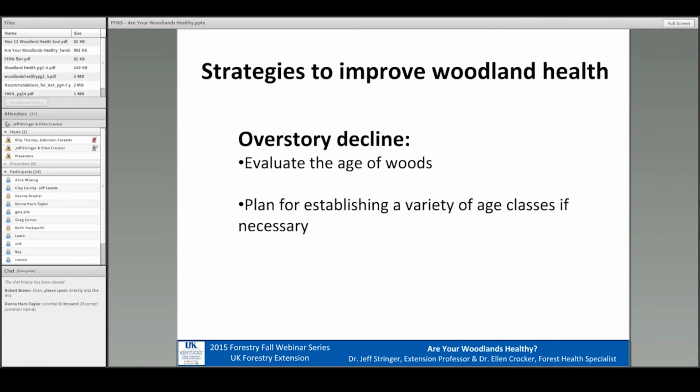If you want to maintain vigor in your overall woodlands, one way to do it is create different age classes, and by that we mean put a group opening in, an acre in size or something like that, where you cut the trees down. Maybe you do it in a timber harvest and do 15 or 20 of those scattered throughout your woodlands. That's going to open those areas up and initiate regeneration in there.